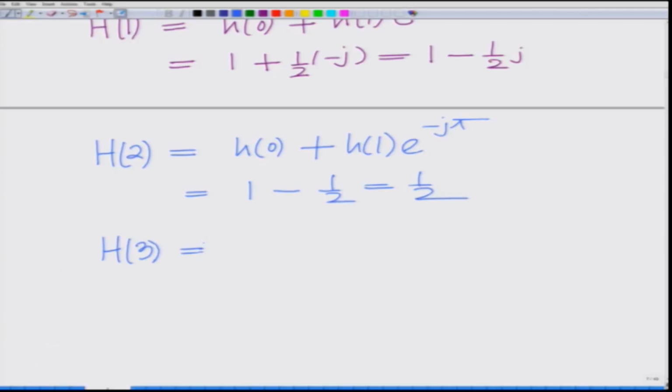Capital H3 is the channel coefficient across the third FFT point or third subcarrier. This is small h0 plus small h1 into e power minus j 3 pi by 2, equals 1 plus half j.